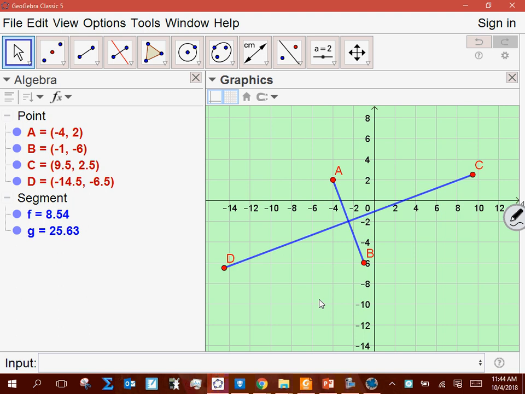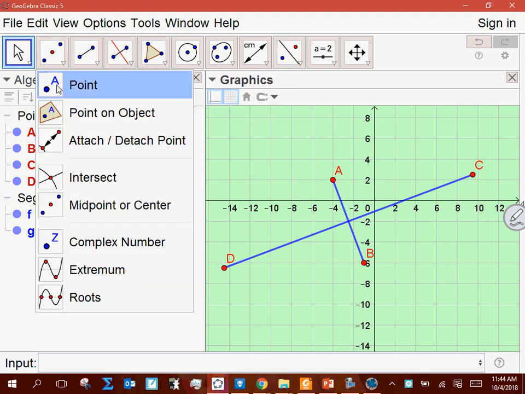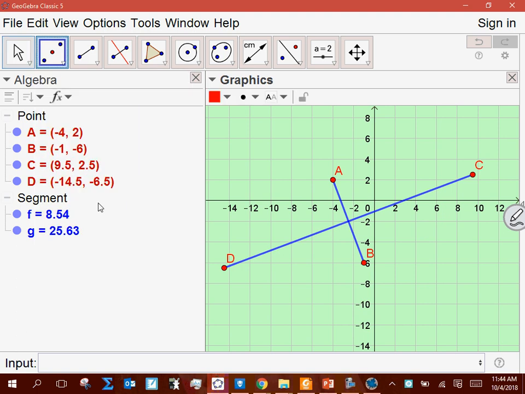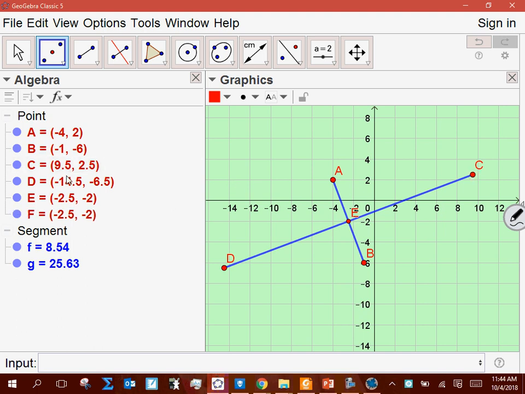Okay, but if I ask to find the midpoint of A to B, it's right there at E, right? If I ask to find the midpoint of C to D, it's right there at E again. It put F on top of it, but it's the same point, right?